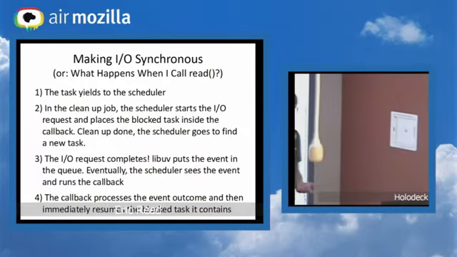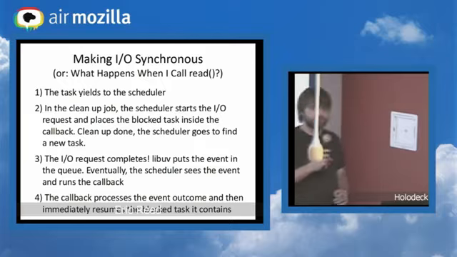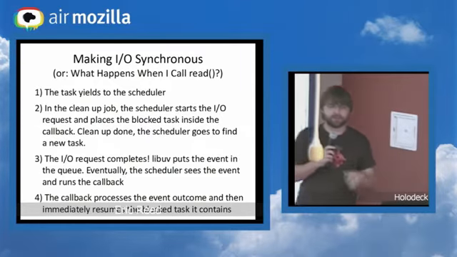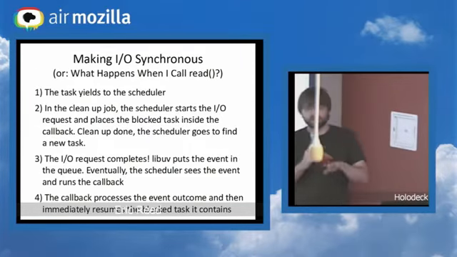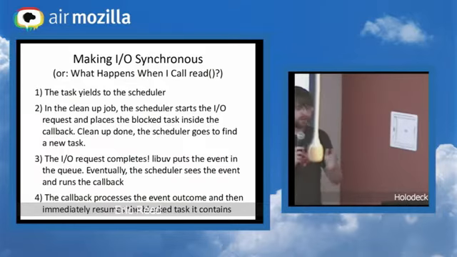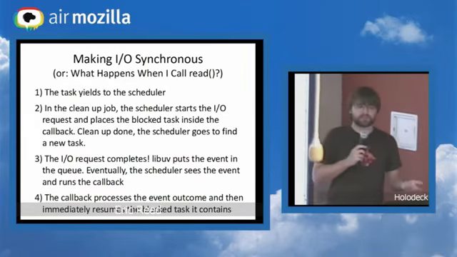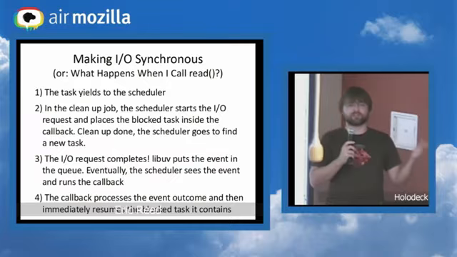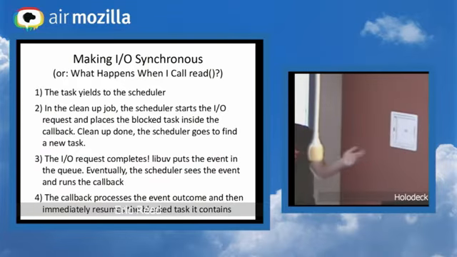But the basic idea is when a task starts to do I/O, it calls read, for example. And the first thing read does, it may do some preparatory stuff of allocating buffers, but basically the first thing that it does is it yields itself to the scheduler, and it blocks itself, basically.